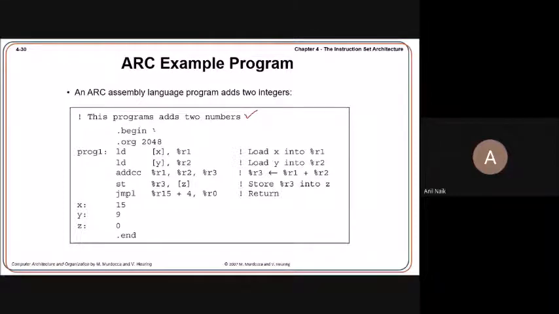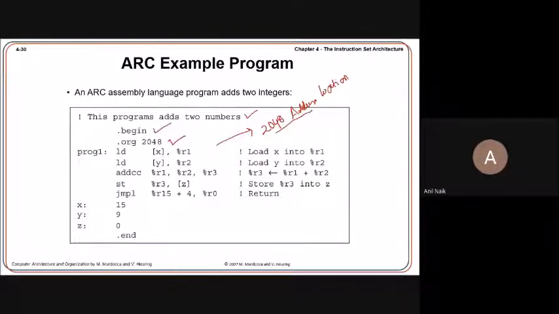Here .begin starts the assembly process, like #include stdio.h in C. Then .org 2048 means the address location starts with 2048.